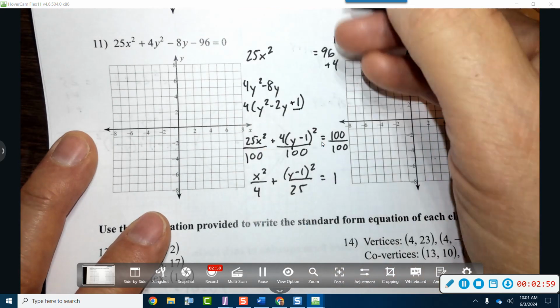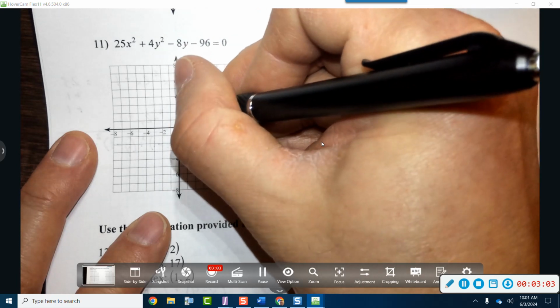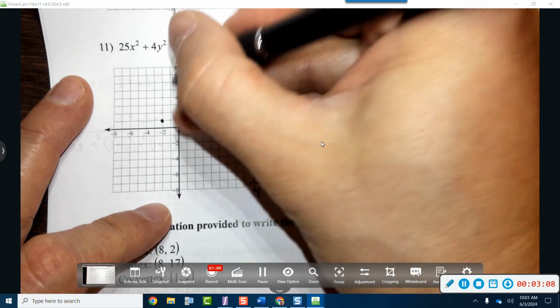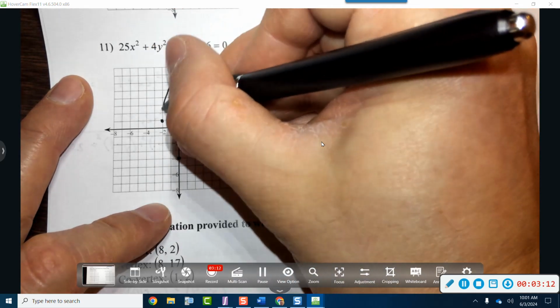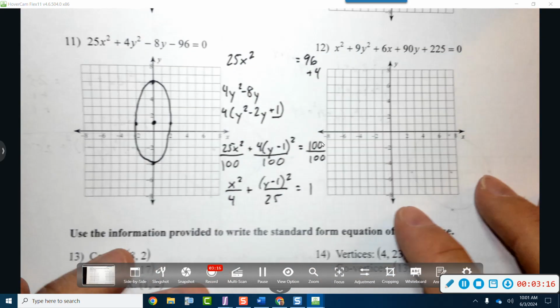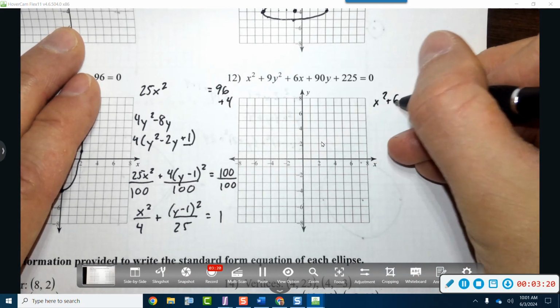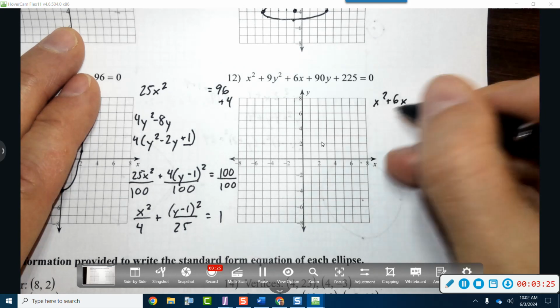So once we get to the center of 0, positive 1, we're going to actually go over 2, and then we're going to go up 5. So we have an elongated ellipse going vertical.